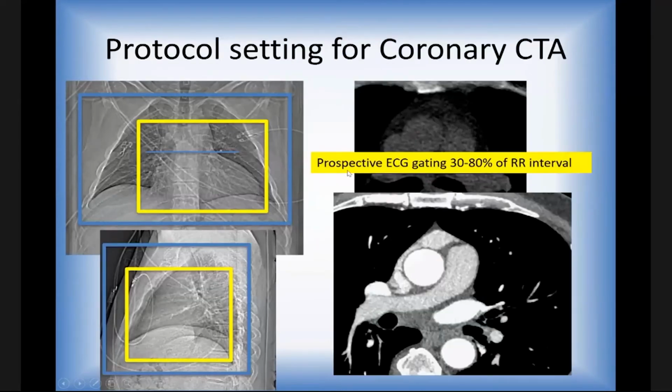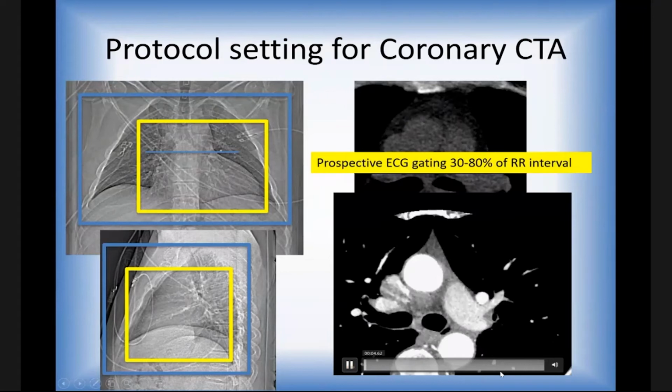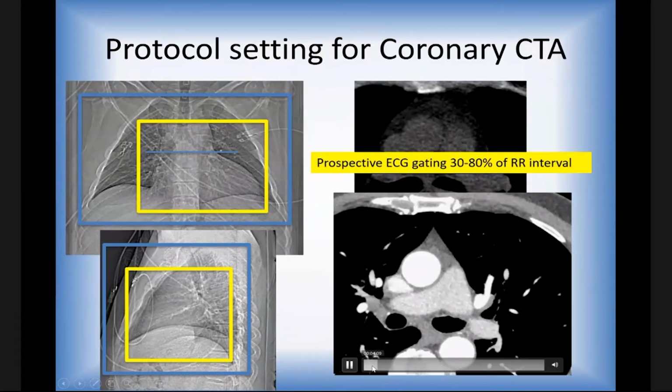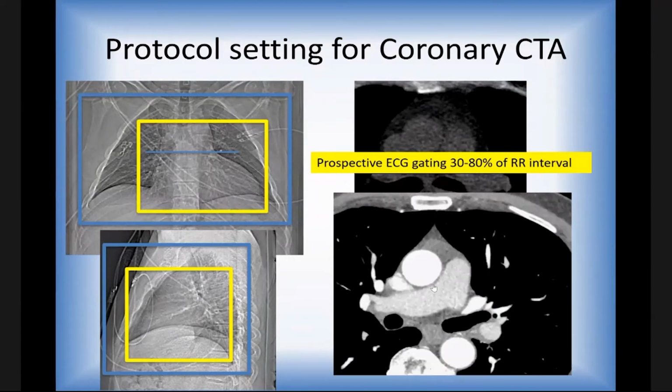And we normally do prospective gating, and we scan the patient from 30% to 80% of the RR interval. And this is an example of a coronary CTA. We can see that there's no cardiac motion at the aortic root.